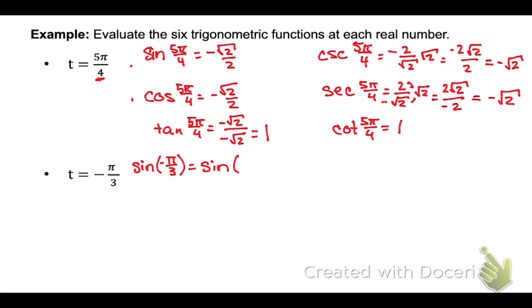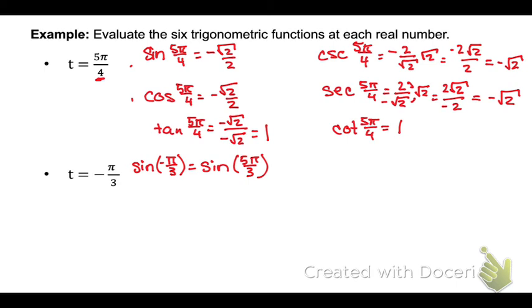If I go negative 60 degrees, don't I end up at 5 pi over 3, or 300? We have to stay in radians because they gave it to me in radians. So I took a negative angle and made it the positive angle, and they're the same.